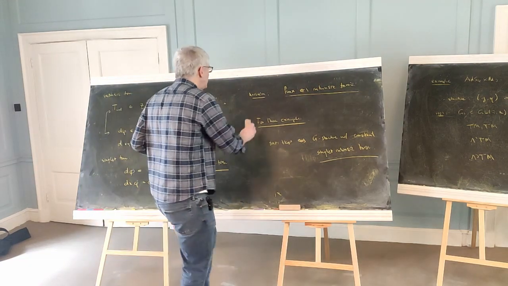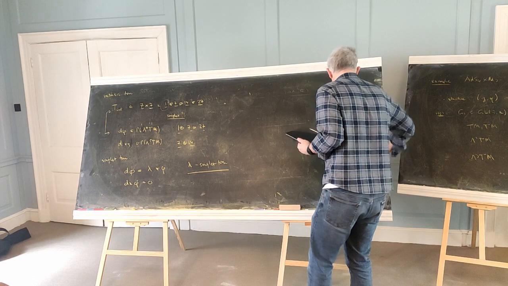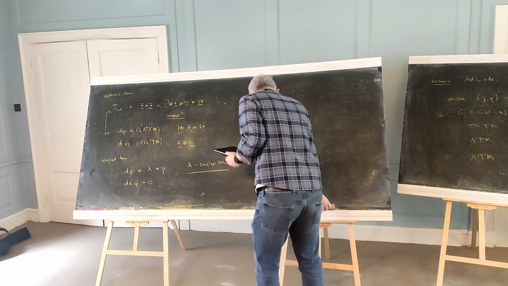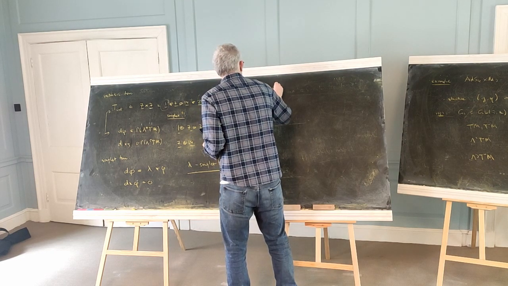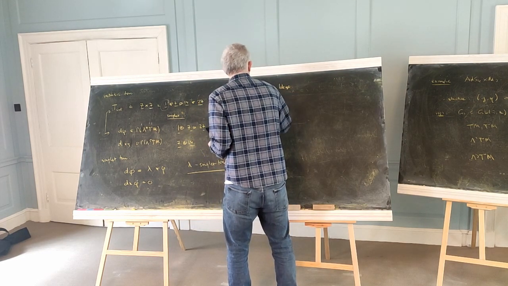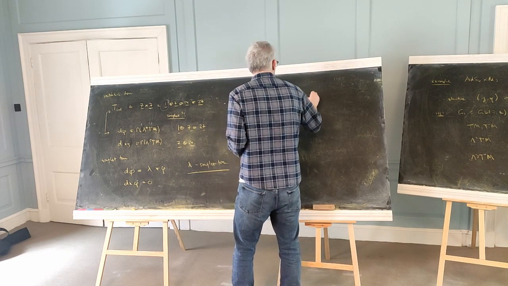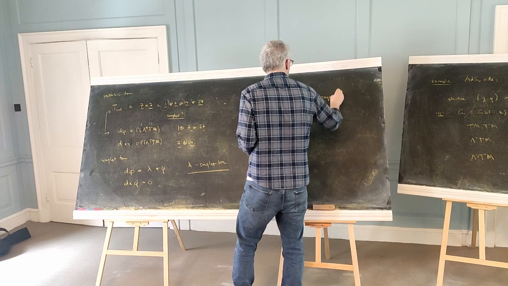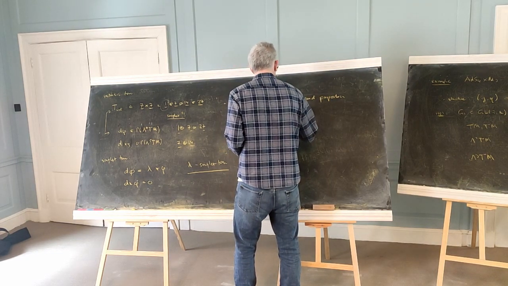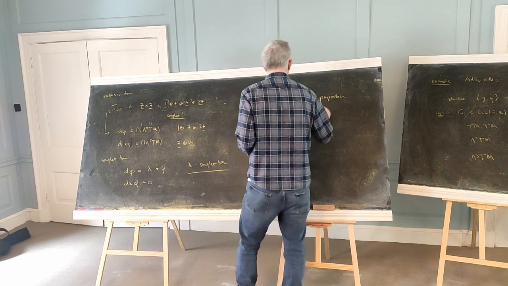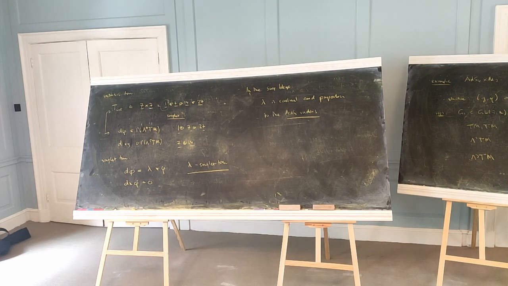And in the solution, in the SUSY background, lambda is constant and proportional to the AdS radius. Right? There's one length scale in the problem, which is the size of the AdS.